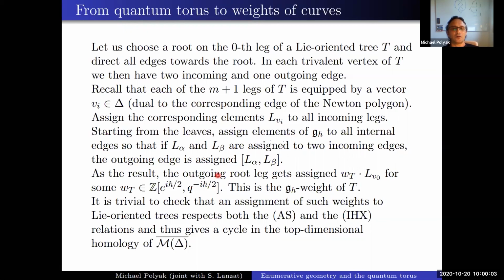And then on the outgoing root leg, you have this vector up to a certain multiple. And this multiple is just the weight. Whatever, this is a totally standard procedure. And so this gives a cycle in the top dimensional homology, and therefore an invariant count.